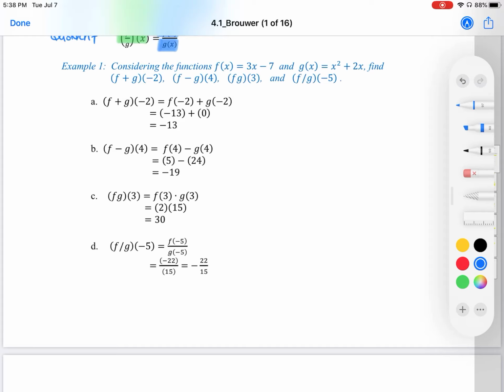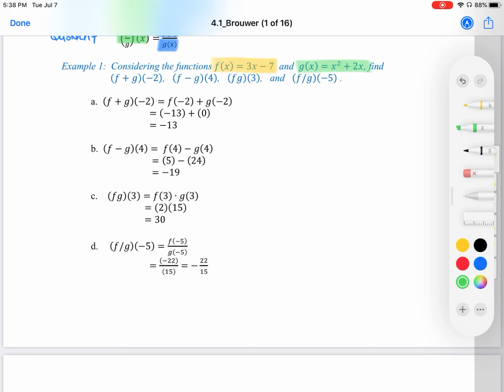So we were given two functions. Each one has its own name. We have f of x, which is 3x minus 7, and we're also given g of x, which is x squared plus 2x.